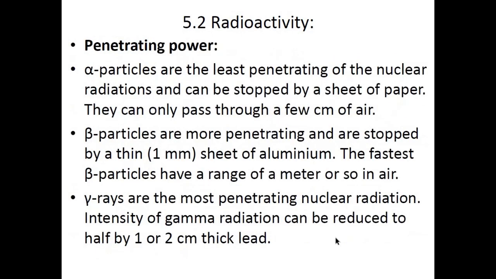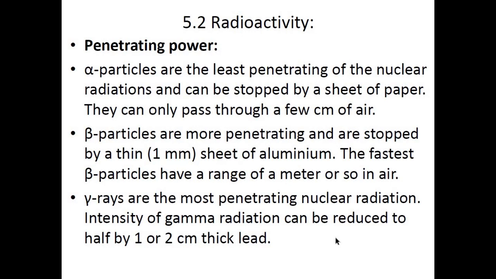Penetrating power. Alpha particles are the least penetrating of the nuclear radiation and they can be stopped by a single sheet of paper. They can only pass through a few centimeters of air and then they are completely dissipated or absorbed by the air molecules. Beta particles are more penetrating and they can be stopped by a thin, just 1 mm thin sheet of aluminium.